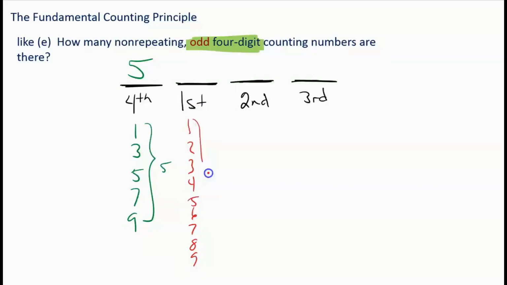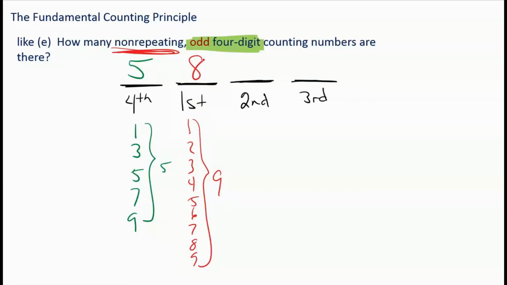Now, how many is that? That's 9. But now wait, this is non-repeating. So if it's non-repeating, we've got to take out the number that we've already selected. We don't know if it's a 1, 3, 5, 7, or a 9, but it's one of those. If you take that number out of this list, then you have 8 numbers to choose from.